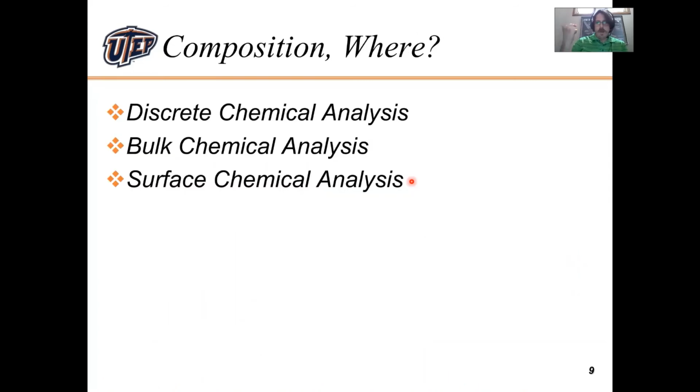Other things that we find ourselves concerned with as material scientists are the composition and where. Is there a diffusion zone? These kinds of questions are what we want to ask ourselves. So discrete chemical analysis, bulk chemical analysis, and surface chemical analysis are three types of chemistry analyses that we perform as material scientists and engineers.